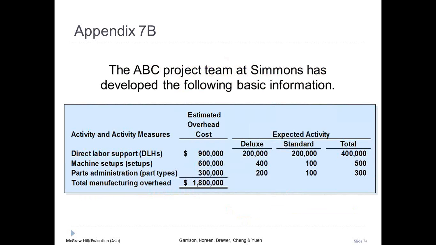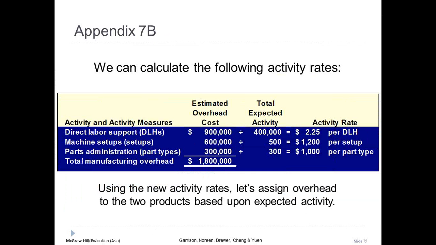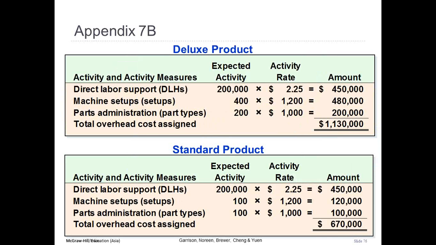Assume that Simmons assigned $1.8 million of manufacturing overhead costs to the three activities with expected activity levels as shown. The activity rates for each of the three activities would be as shown here. The overhead cost assignments to the Deluxe and Standard product lines are then computed and shown as you have here.